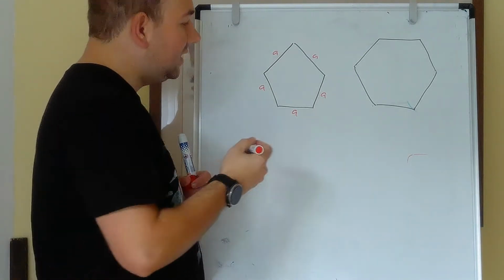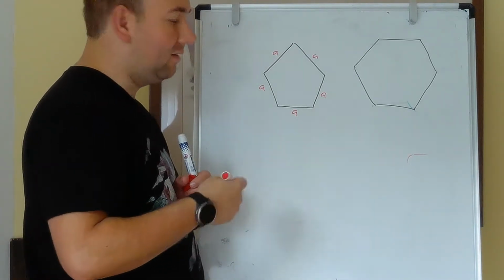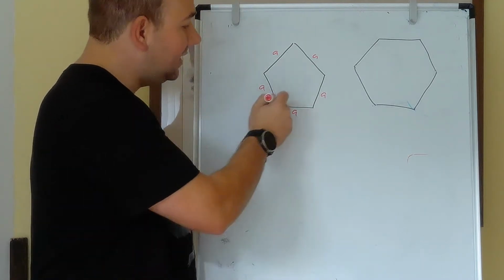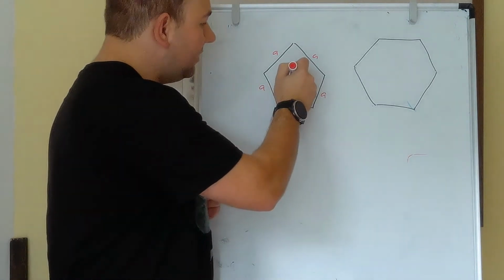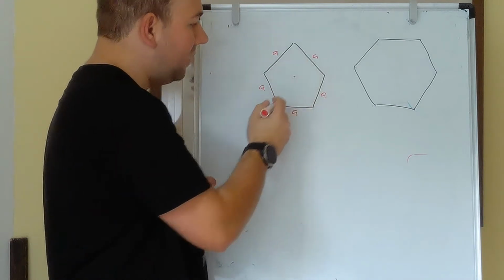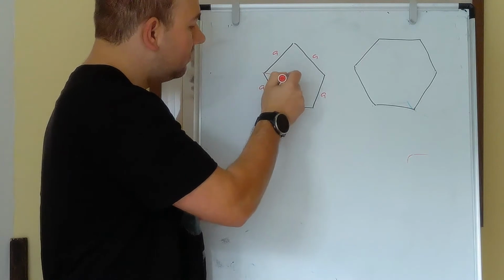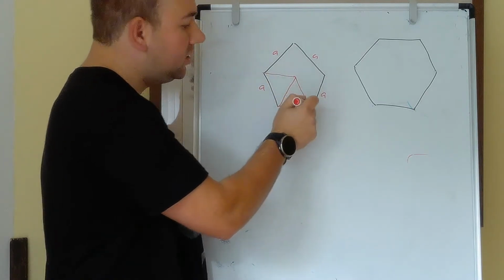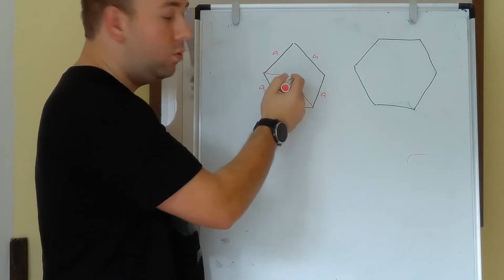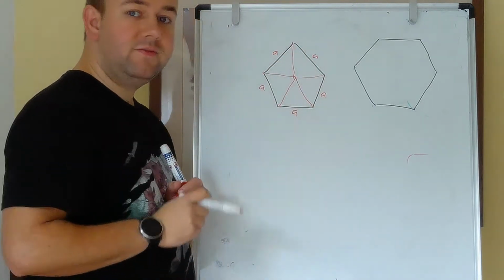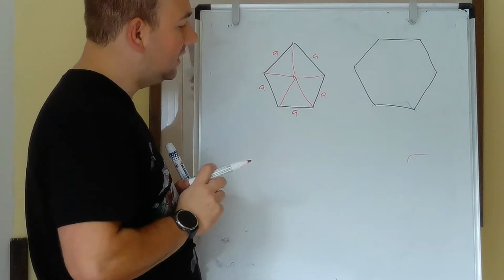Now if we want to try and break this shape down, say if we did want to calculate the area, which we will do eventually, but also just calculating the internal angles, we start off in the middle of the pentagon, and we draw triangles going to each of the corners of the pentagon. We're going to end up with 5 equal sized triangles.